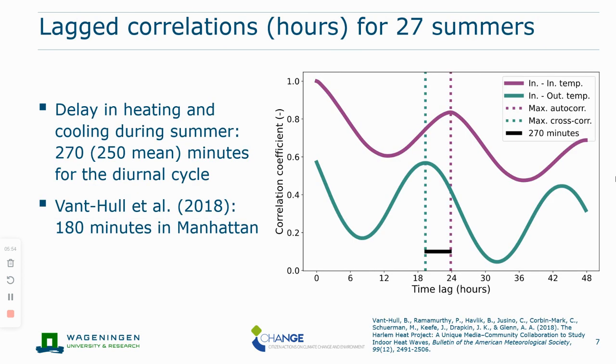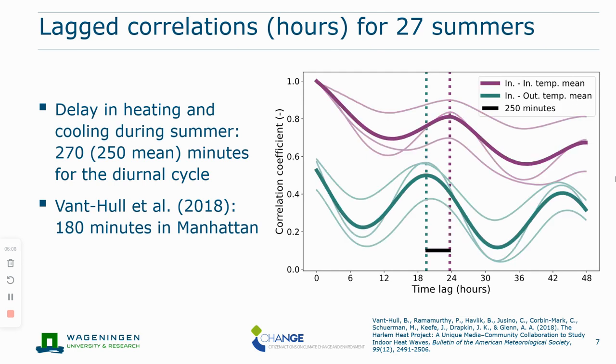Then looking at the time lag difference between temperature indoors and outdoors. This is the time lag plot of both temperatures for this one station, with all 3 houses and the mean. The purple line is the autocorrelation. The green line is the cross correlation between the indoor temperature and the outer temperature.